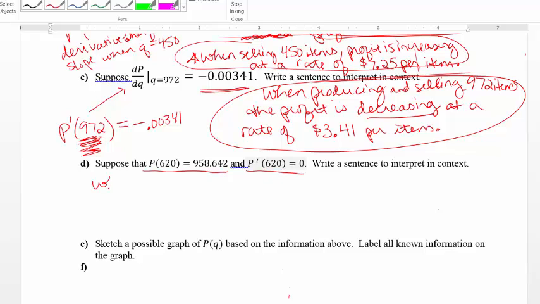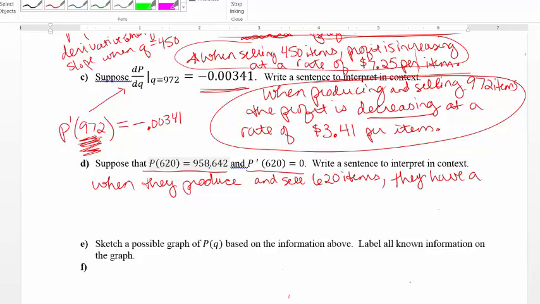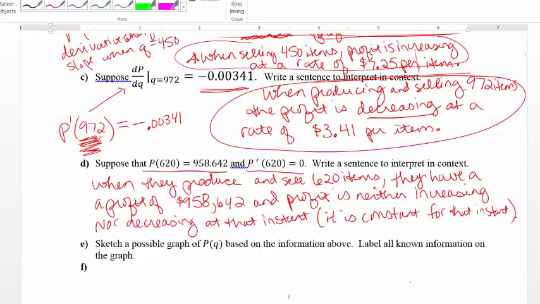So it's saying when they produce and sell 620 items, they have a profit of $958.642 thousand. So moving your decimal 3 places, that's $958,642. And at that instant, profit's neither increasing nor decreasing. It's flat for just an instant. It's constant for just an instant.